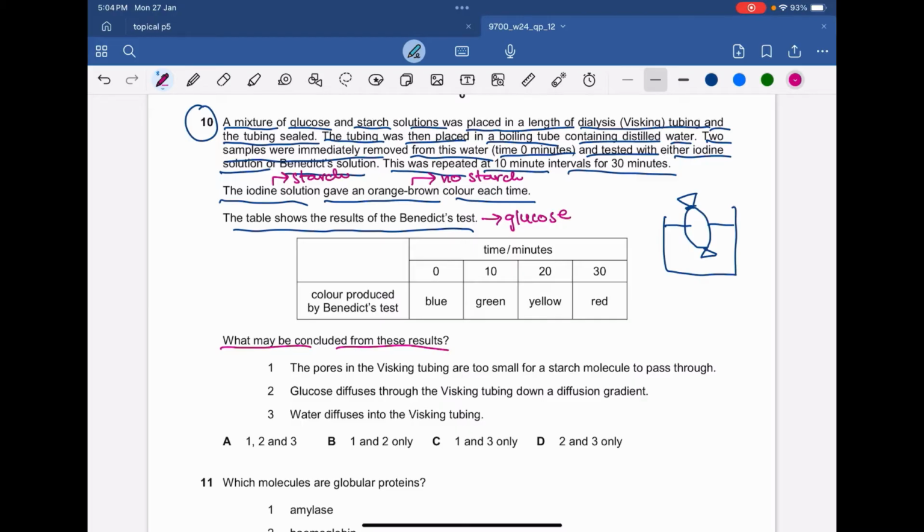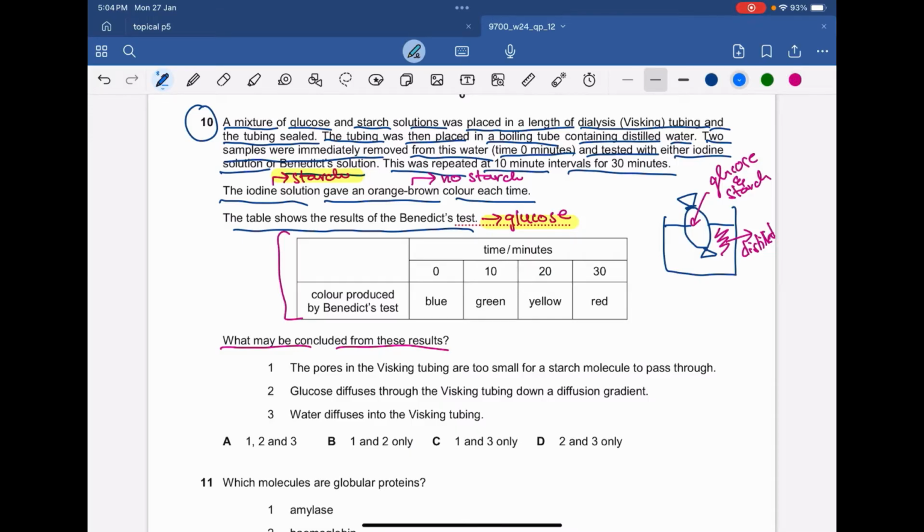So basically they have put a mixture of glucose and starch in the visking tube, and over here was the distilled water, and they tested the distilled water for the presence of glucose and starch, and these were the results shown in this table, right?